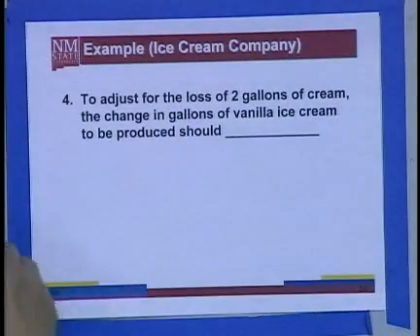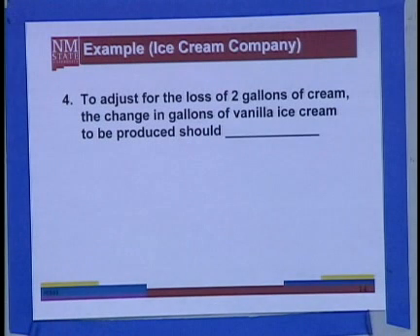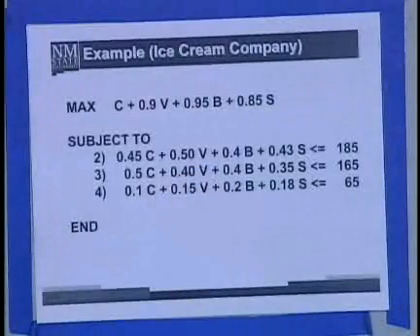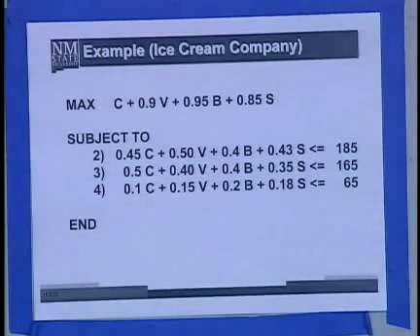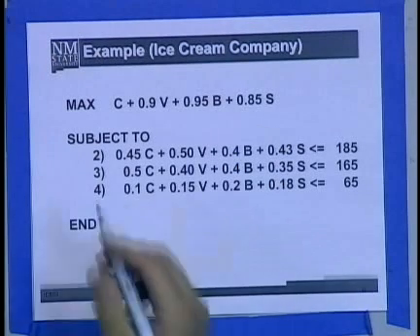Number 4: to adjust for the loss of 2 gallons of cream, what should be the change in gallons of vanilla ice cream to be produced? So how would you answer this question? We know the last row, last constraint, is about the cream resource constraint, right?